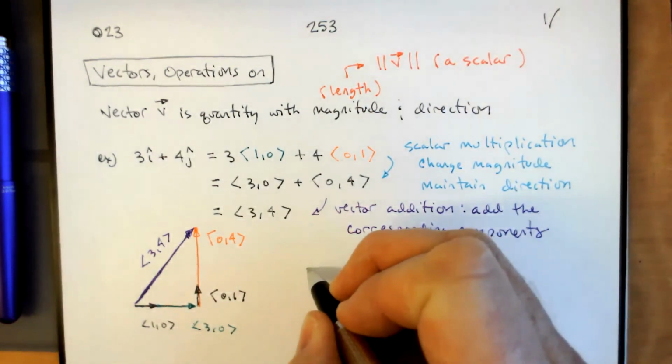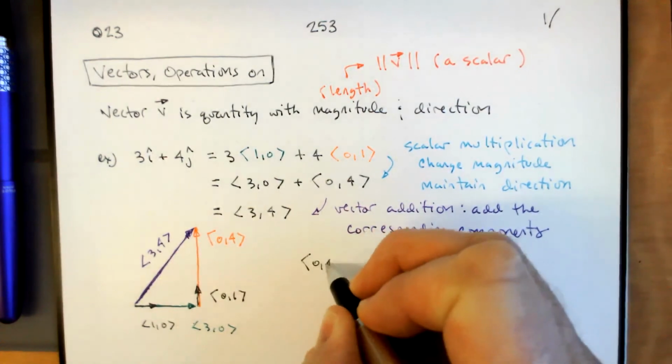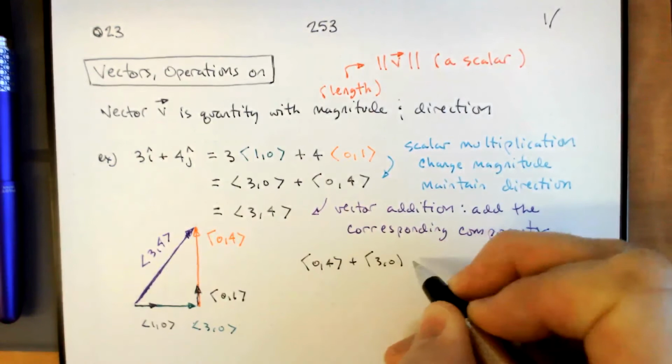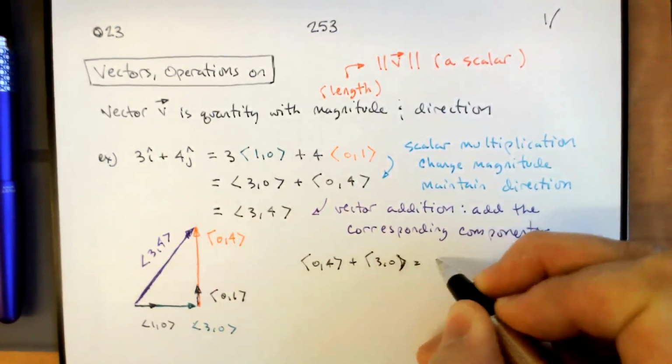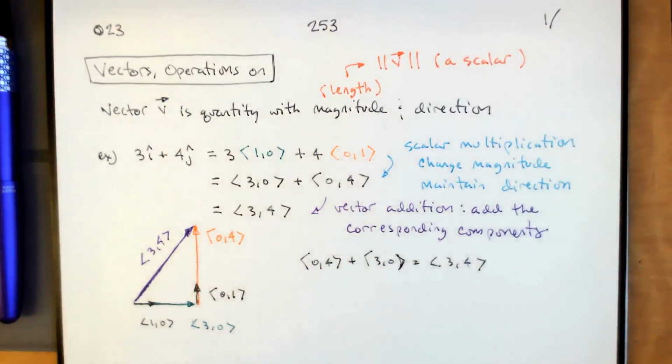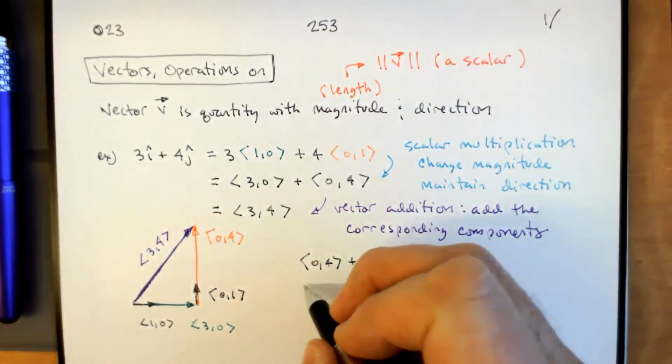0, 4 plus 3, 0 is still equal to 3, 4. Addition is commutative.